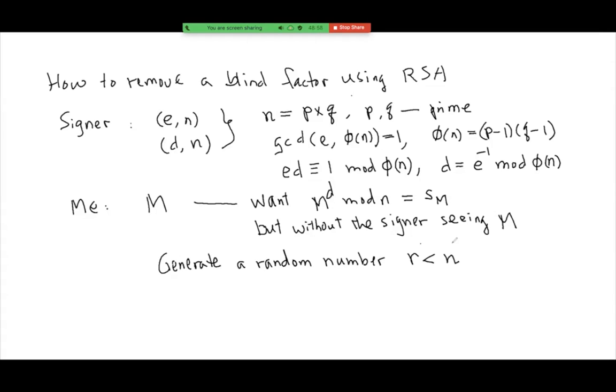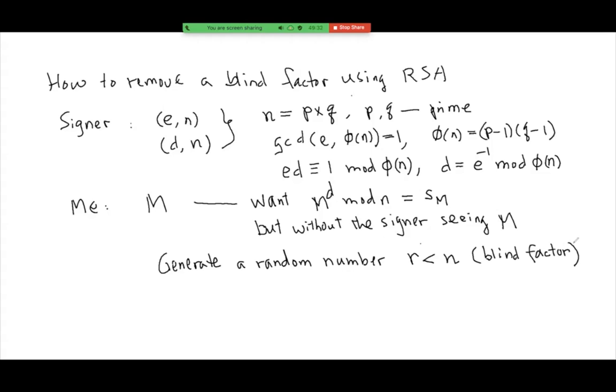When we generate a random number, in our case, it will be a number generated by a pseudo-random number generator. So this R is my blind factor.